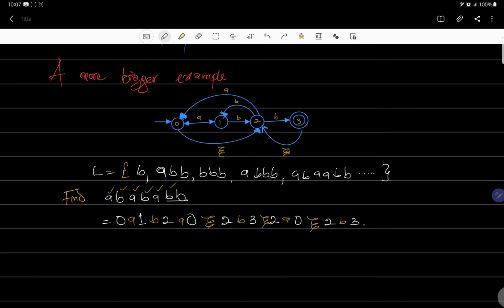Yeah, so from our 3 we've gotten this b. Now we need the last b. So from 3 we go through epsilon. Epsilon takes us to 2, and from 2 again we can hit our b to enter 3. So that explains how we got a b a b a b b.